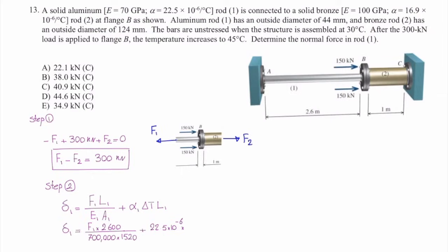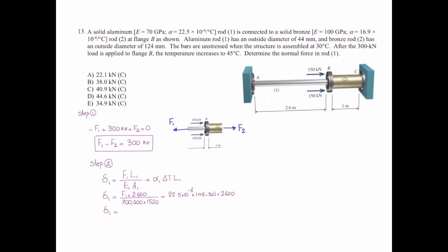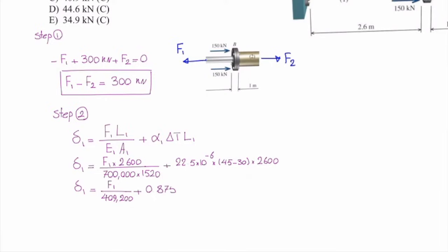The temperature change is 15 degree. I will write it in this way, 45 minus 30. And the initial length is 2600 millimeter. So that will be delta 1.